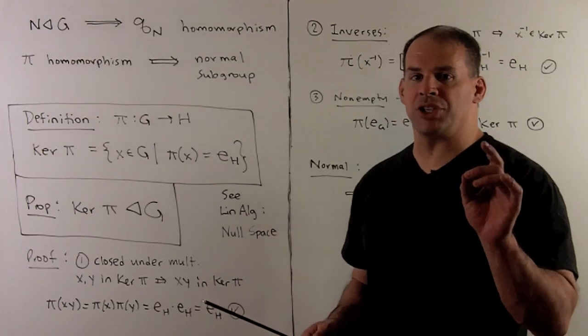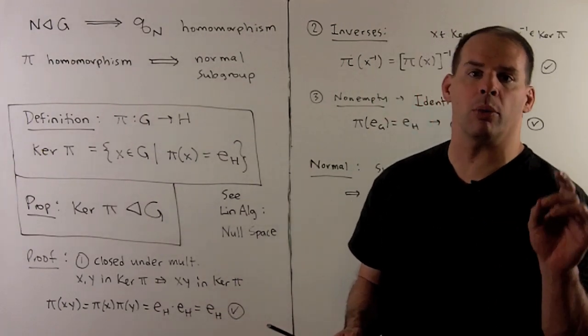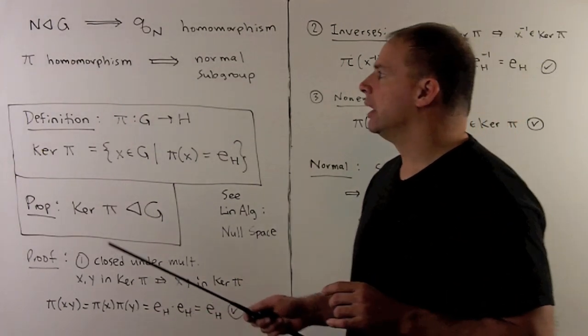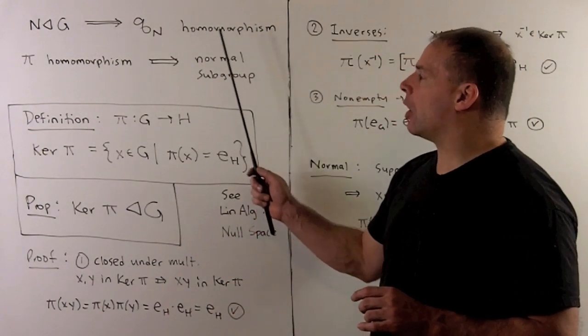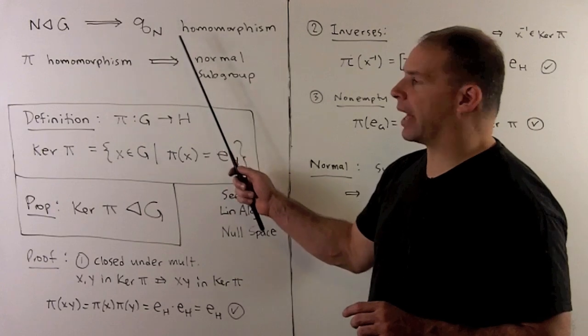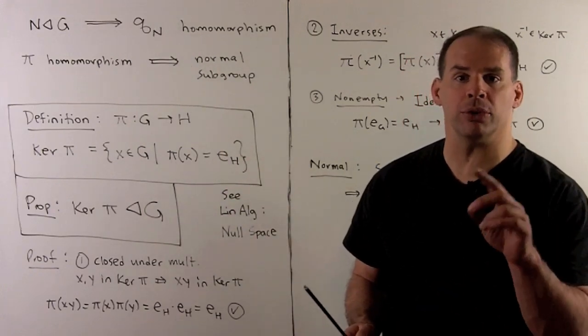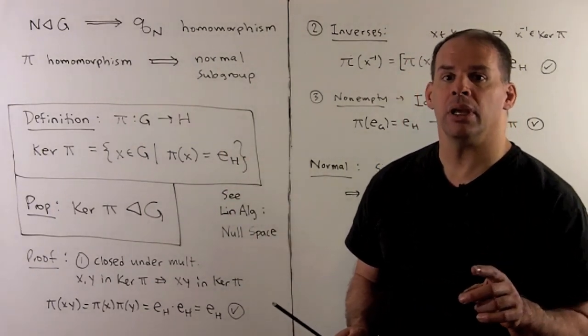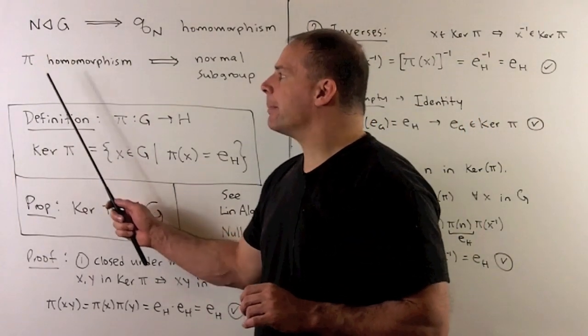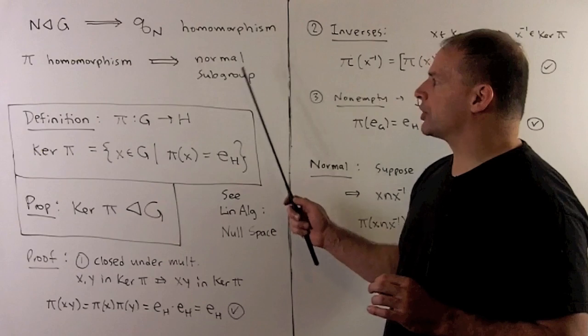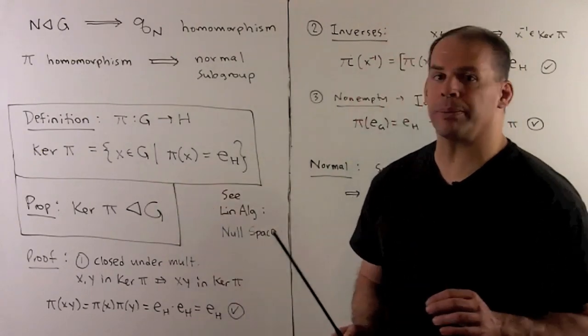Here's an interesting connection between normal subgroups and homomorphisms. If I have a normal subgroup N in G, we can associate to that a homomorphism Q_N, the quotient homomorphism using N. We're going to see in the other direction, if we have a homomorphism pi, we'll be able to attach a normal subgroup to this homomorphism.